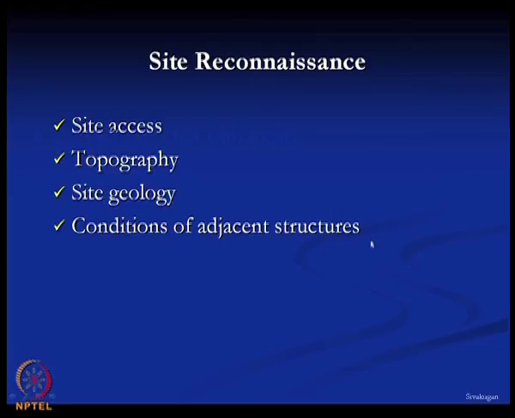If a structure is very close to the soil exploration site, then you have to take some precaution, because during the soil exploration there will be noise and some disturbance. If that will affect the structure, then you have to take precautions for that structure also, and study the condition of the structures at nearby locations of the site.